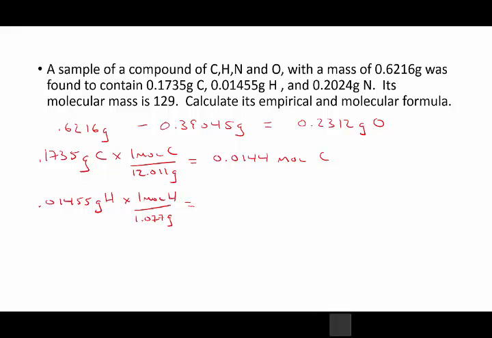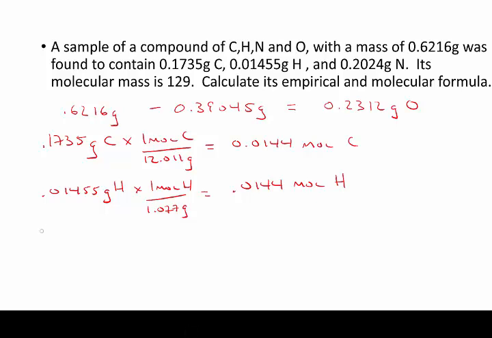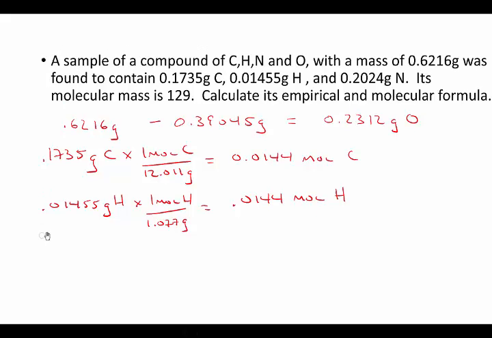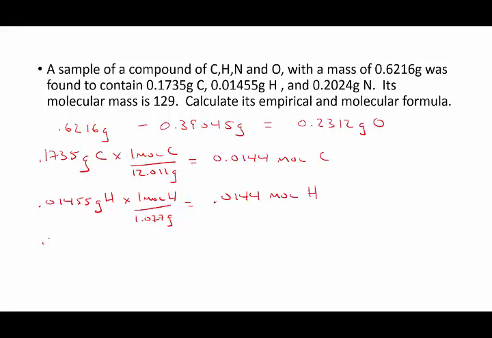Doing the division, I got for the hydrogen 0.0144. Going on to the nitrogen, we have 0.2024 grams of nitrogen times 1 mole of nitrogen, 14 grams, and the moles of nitrogen I got were 0.0144 moles of nitrogen.